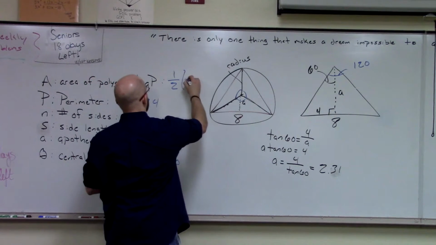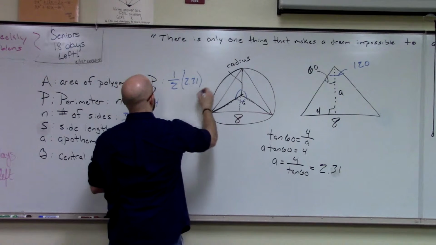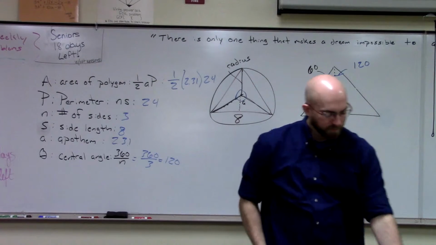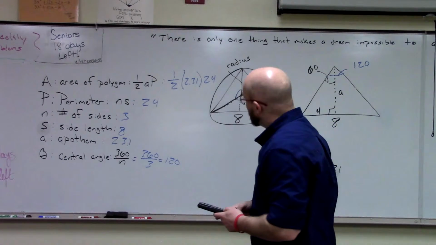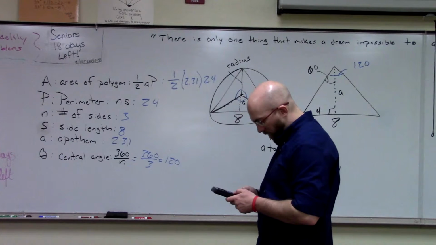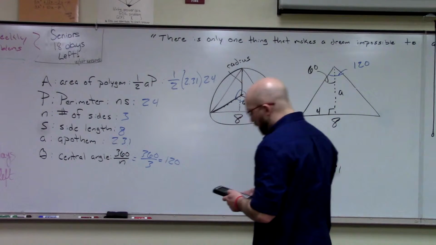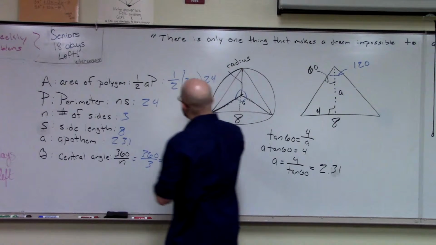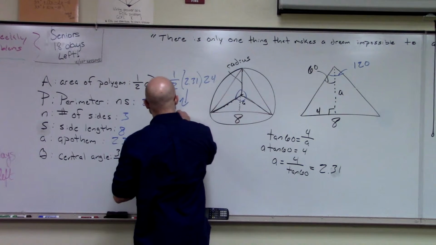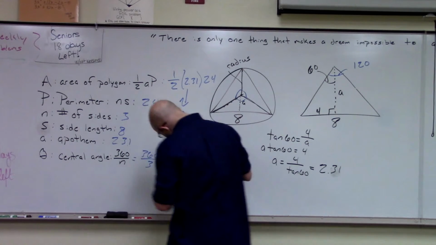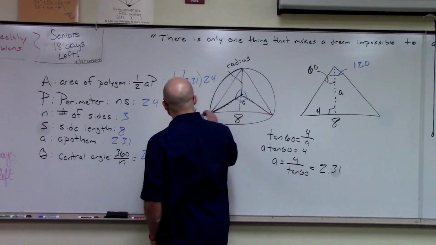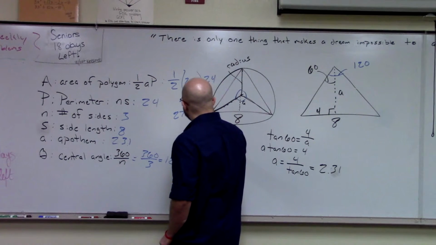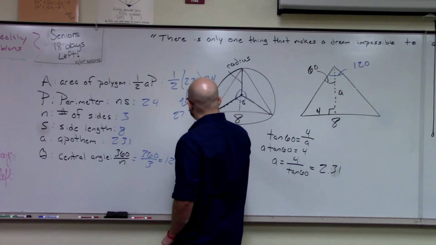1/2 times 2.31 times 24. Get our calculator back again. So basically 12 times 2.31 gives us an answer of 27.71, and it's in units squared, whatever units it is, squared.